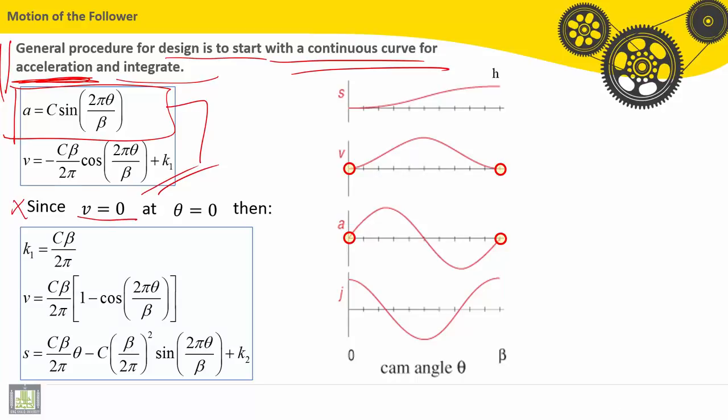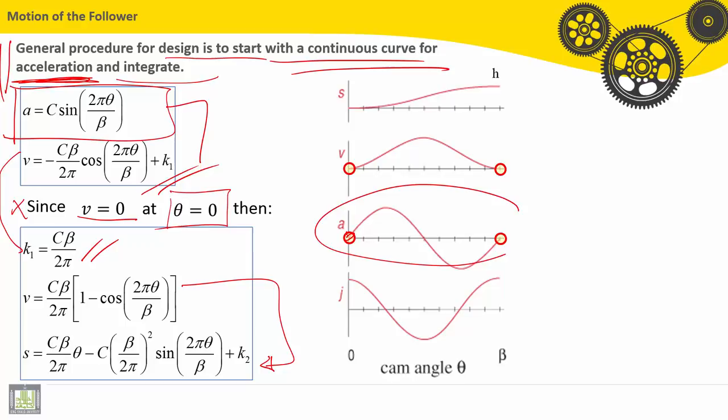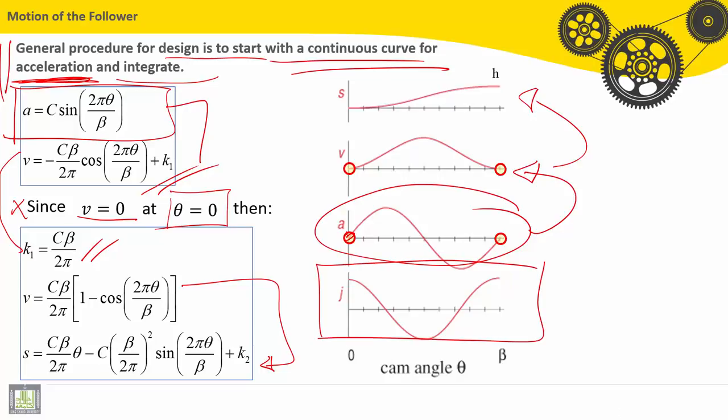Since the velocity is equal to 0 at theta equals 0, we can find the first constant related to the velocity, and then we can find the position function. We integrate first to find the velocity, and second integration to find the position function. We can remark here that after differentiating the acceleration, the jerk function is continuous and finite.